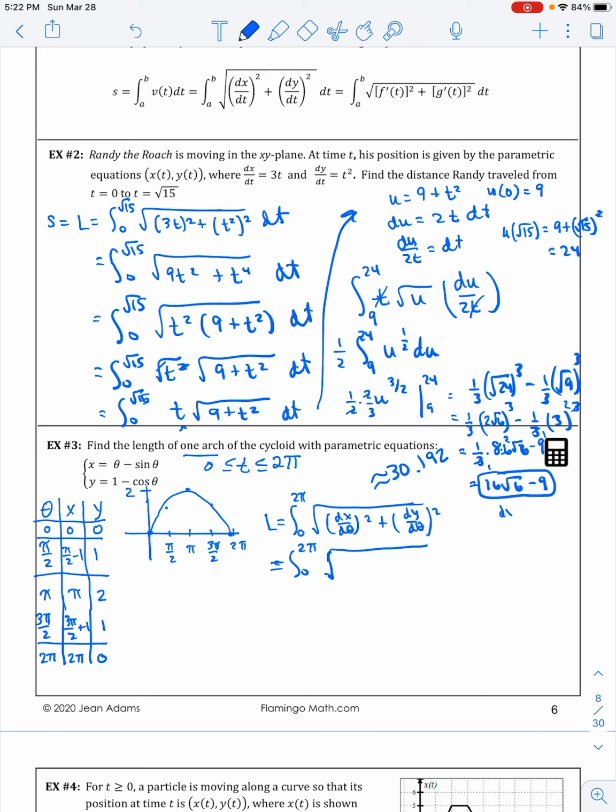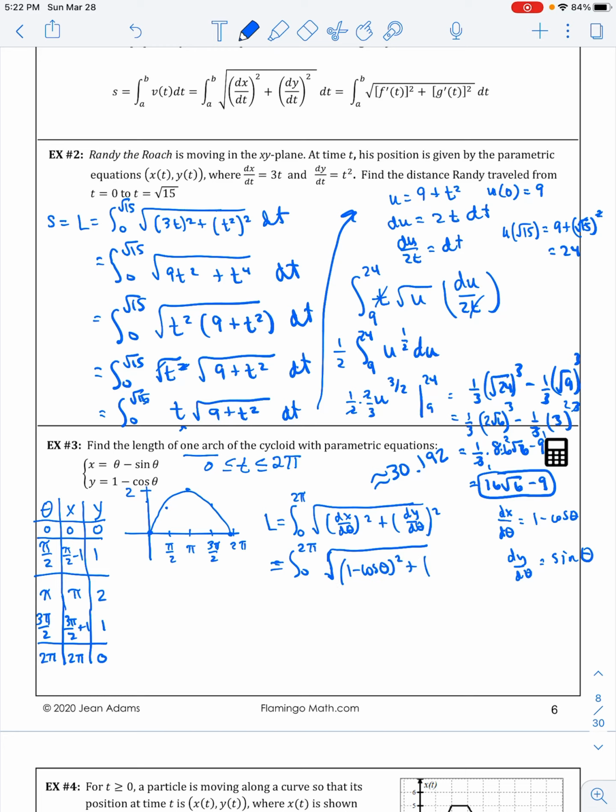Now, let's go ahead and figure out what our dx d theta and our dy d theta are. Let's put those right here. Our dx d theta is going to be 1 minus cosine theta. And our dy d theta is going to be 0 minus sine, so that's plus sine.